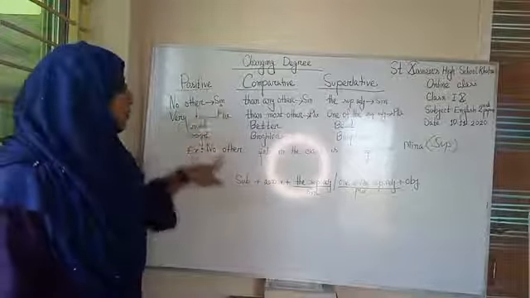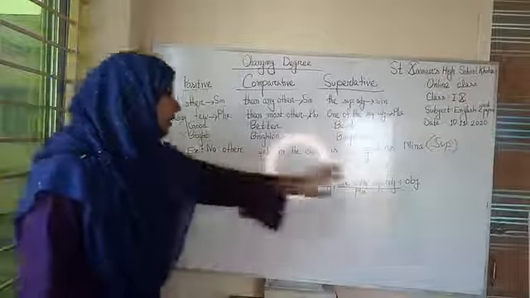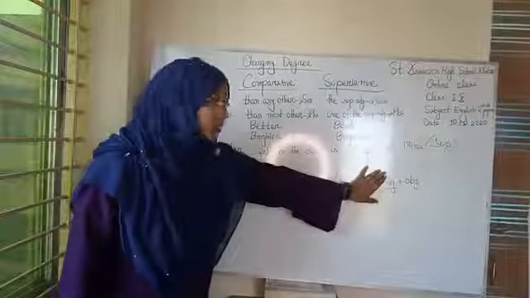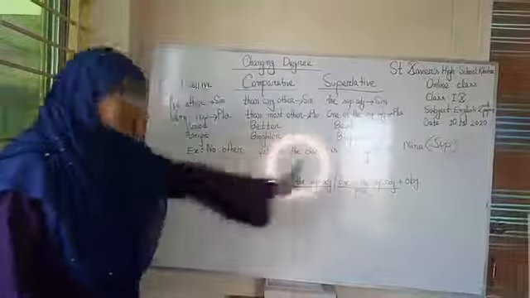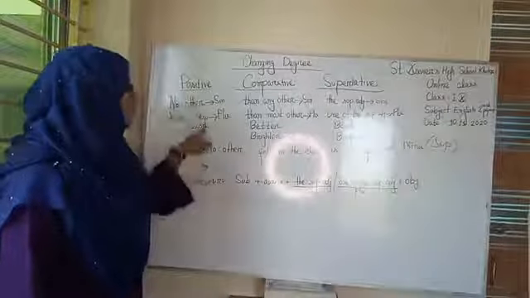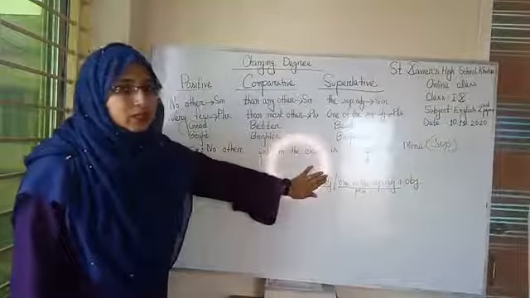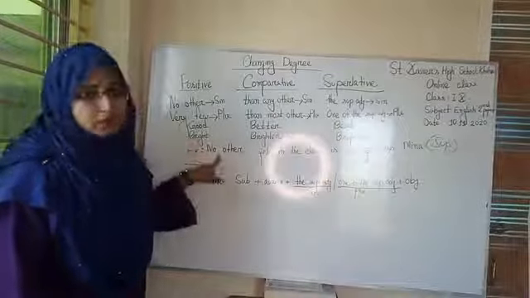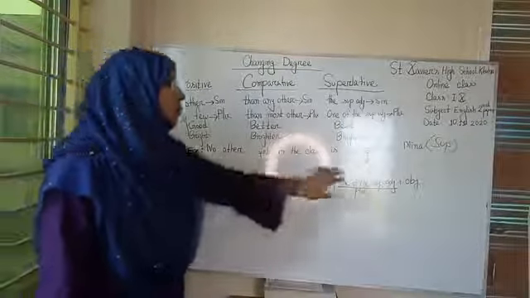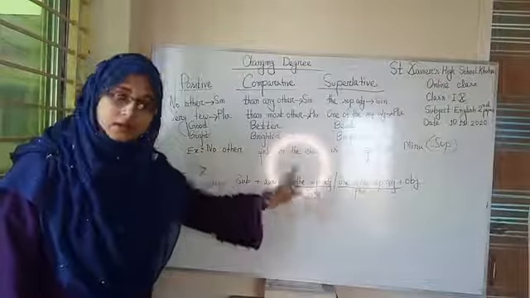Positive degree singular form এ আছে. So we have to follow this rule except this one. এইটুকু বাদ দিয়ে আমরা বাকি সবটুকু ফলো করব. যখন প্লুরাল থাকবে, that means very few থাকলে প্লুরাল, এইটুকু নিব, এইটুকু বাদ দিব. আর যখন সিঙ্গুলার ফর্ম থাকবে, নো আদার, তখন প্লুরাল ফর্মটা অমিট করব আর সিঙ্গুলার ফর্মটা নিব.